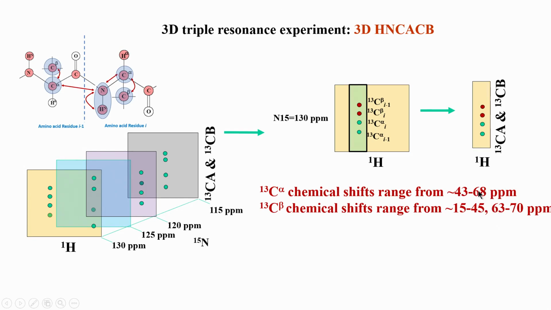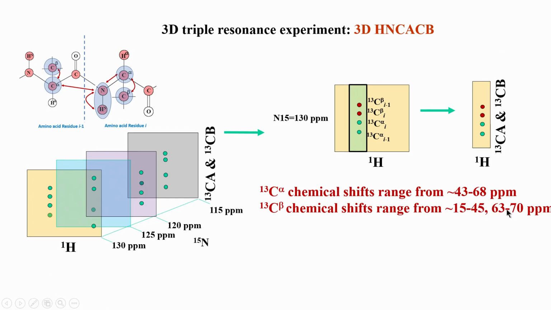A slight overlap is there, because some isoleucine, valine, proline C alphas come below 63, they overlap with the C beta of some other amino acids such as serine and threonine. So, this zone 63 to 70 is typically for serine and threonine, these 2 amino acids, whereas all the other amino acids come between 15 to 45.